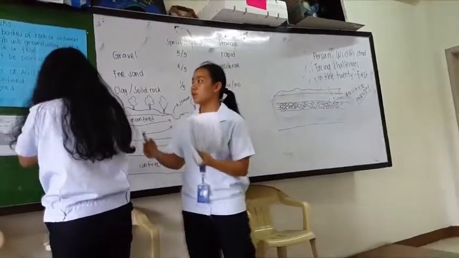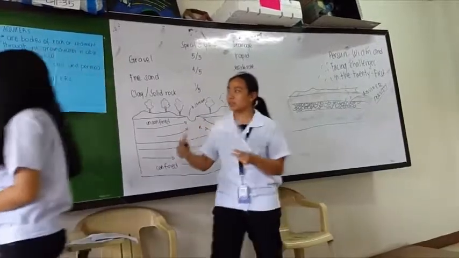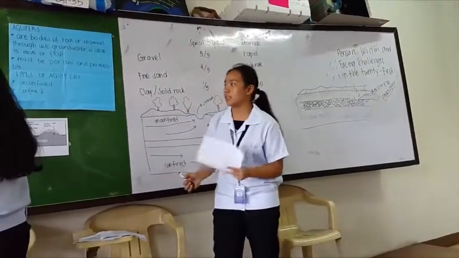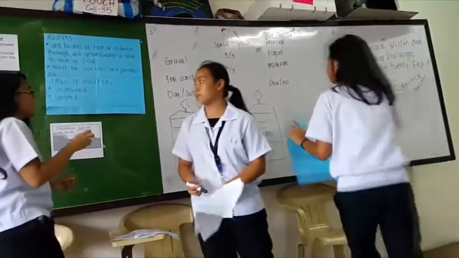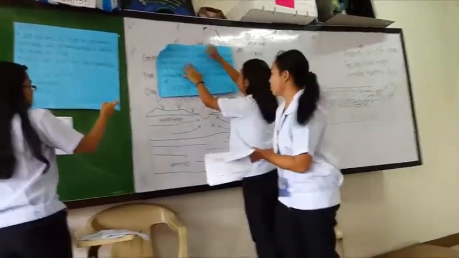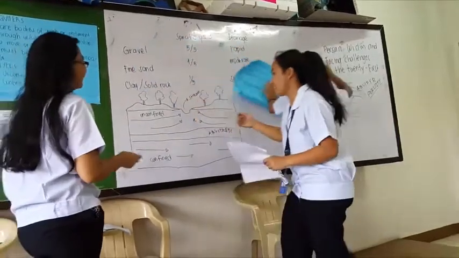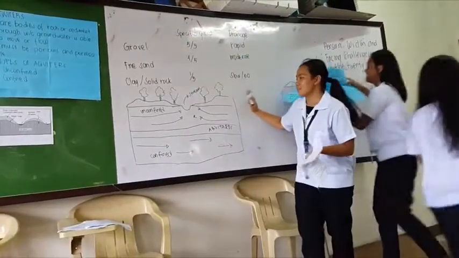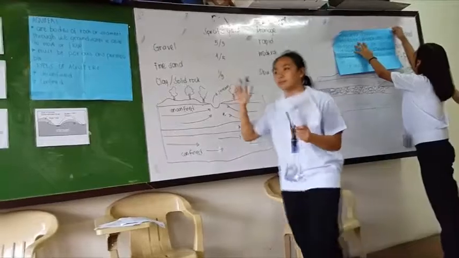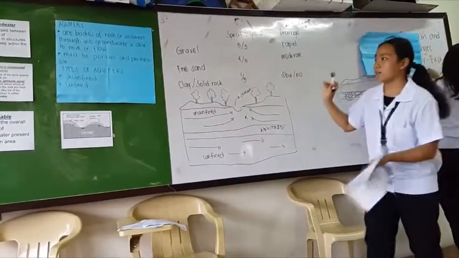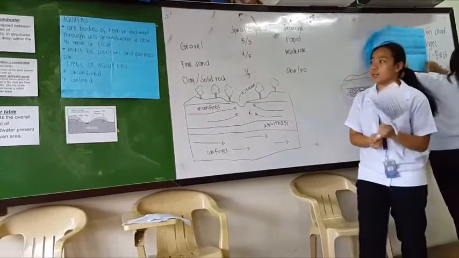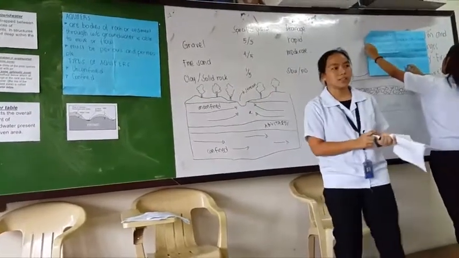The next topic is the zone of aeration, or unsaturated zone, or vadose zone, where most of the pore spaces are filled with air. In this drawing we will distinguish the zone of aeration or the unsaturated zone.